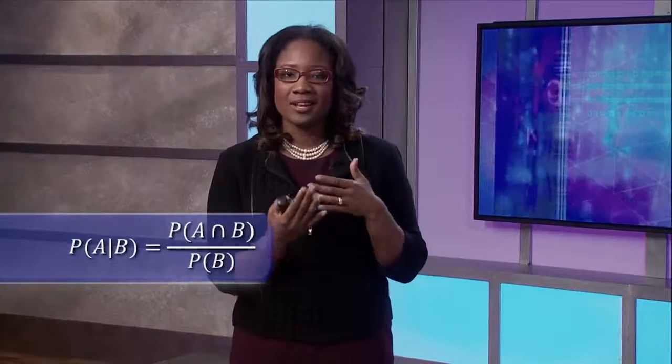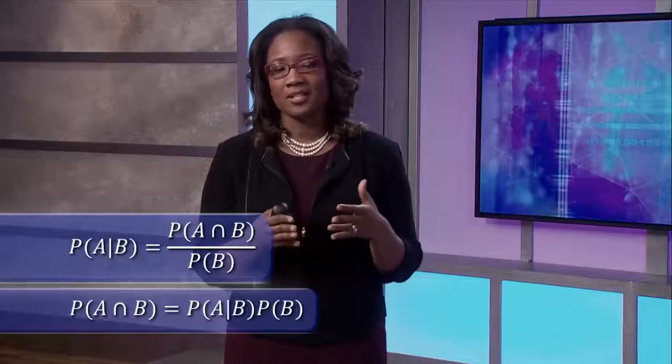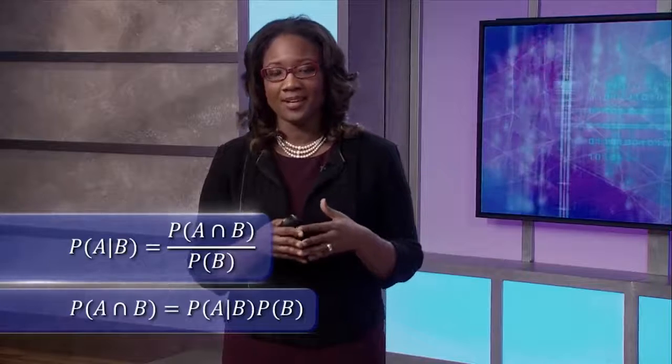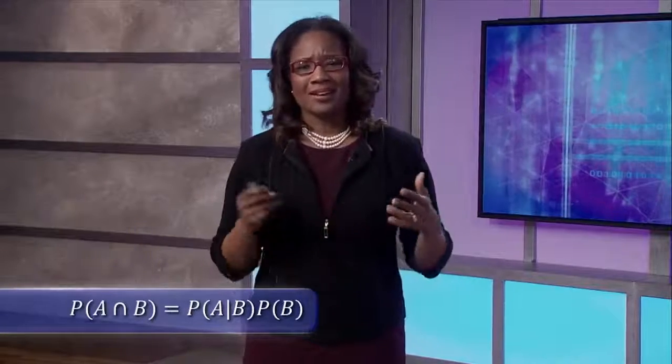Another way to view conditional probability is by solving for the intersection term. We can rewrite our definition as follows. The probability of A intersect B is equal to the conditional probability of A given B times the probability of B. All right, so now the probability of A and B occurring, well, that's the same as the probability of B and A occurring. So we could write that slightly differently.